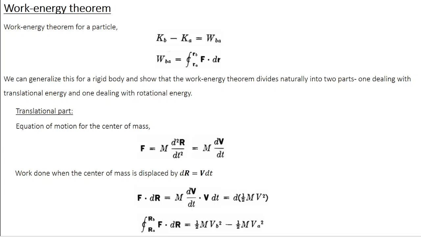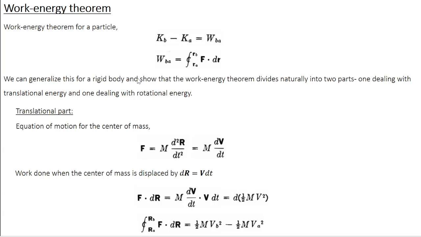In the previous module, we have derived the work energy theorem for a particle, where we have seen that the total work done in moving the particle from initial point A to final point B, W_BA, is nothing but the change in kinetic energy between these two points, K_B minus K_A, where W_BA is defined as an integral, the integral from r_A to r_B of F dot dr. So we have taken the equation of motion and did an integration with respect to position, and that's how we have derived this equation.